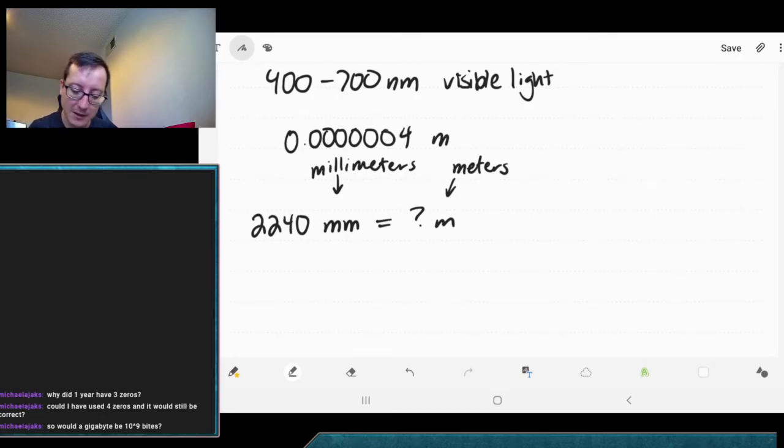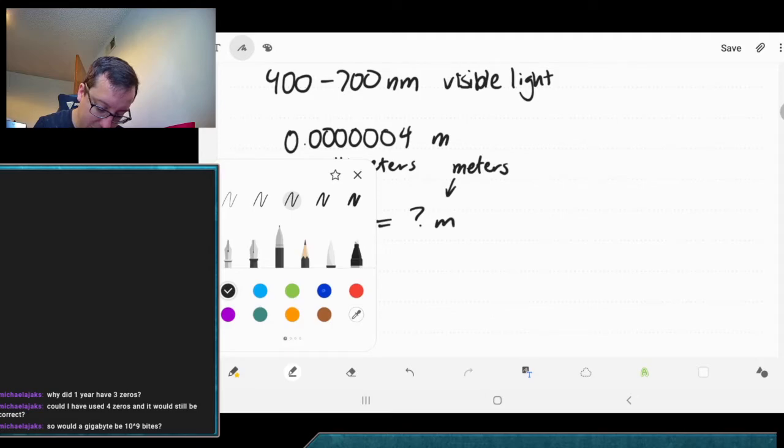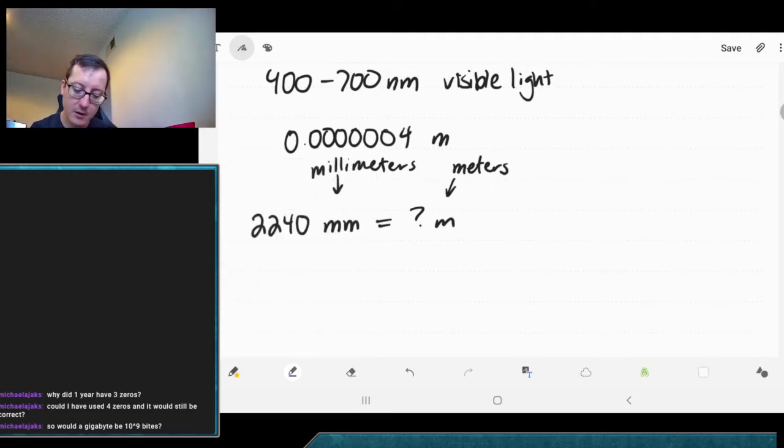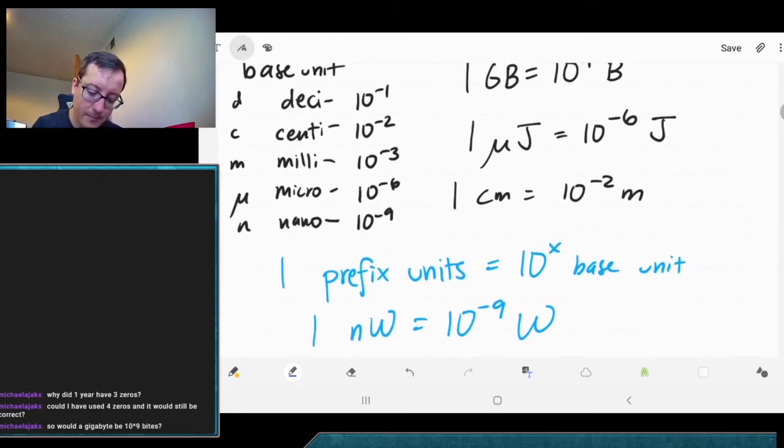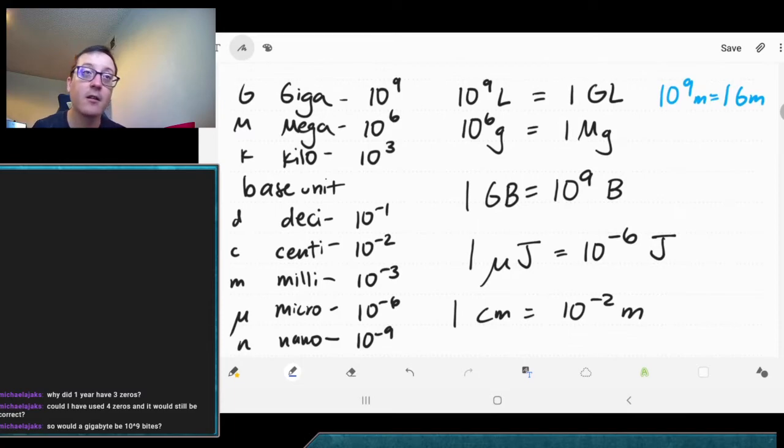So let's go ahead and see how this is going to work. Thankfully for us, this is just one step. We know that 1 millimeter, if we look at our chart, 1 milli something is 10 to the negative 3 somethings.